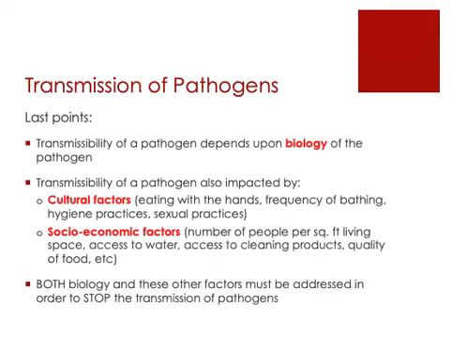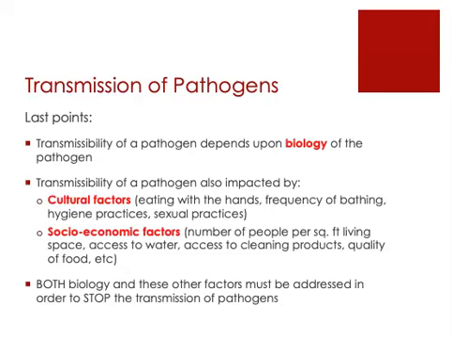I want to make just a couple of final points about the transmission of pathogens and the transmission of infectious disease. The transmission of a pathogen depends upon the biology of the pathogen. All the things that we've talked about in this lecture are really important biological factors for the transmission and occurrence of infectious disease in populations.